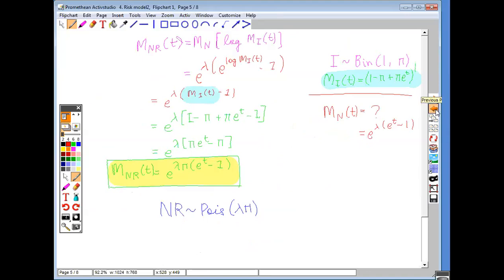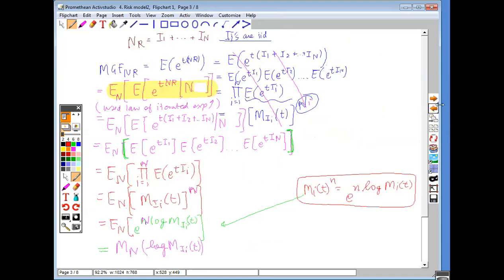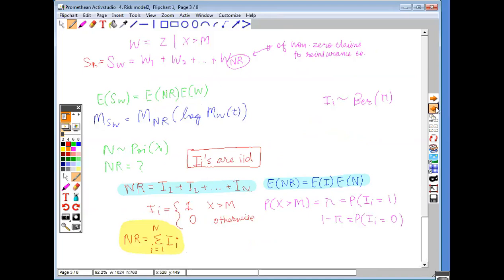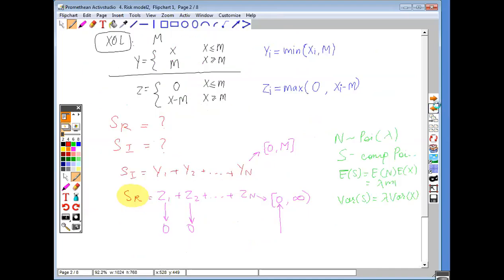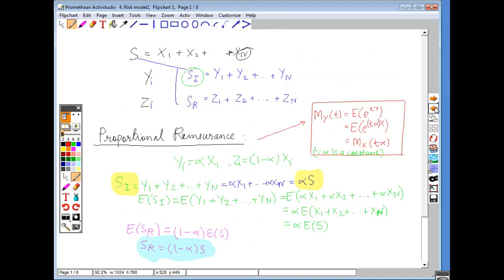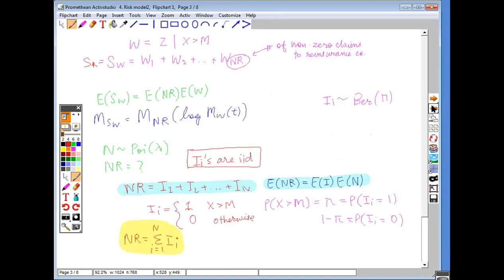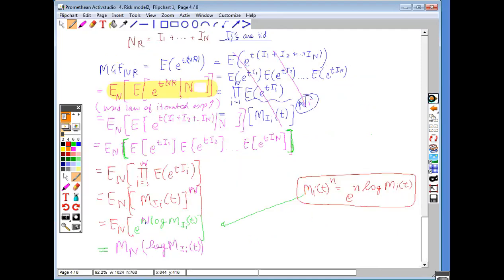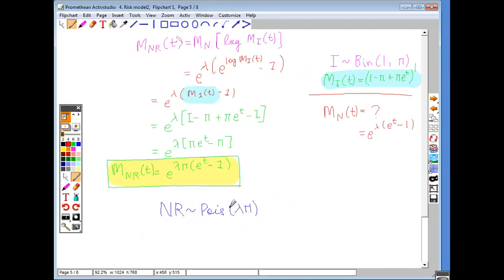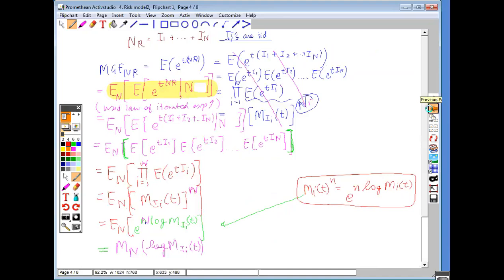That was really good, Savi. So what do we have here? What was my pi? First of all, we know that my NR follows a Poisson distribution with lambda pi, but we aren't given the value of pi here.